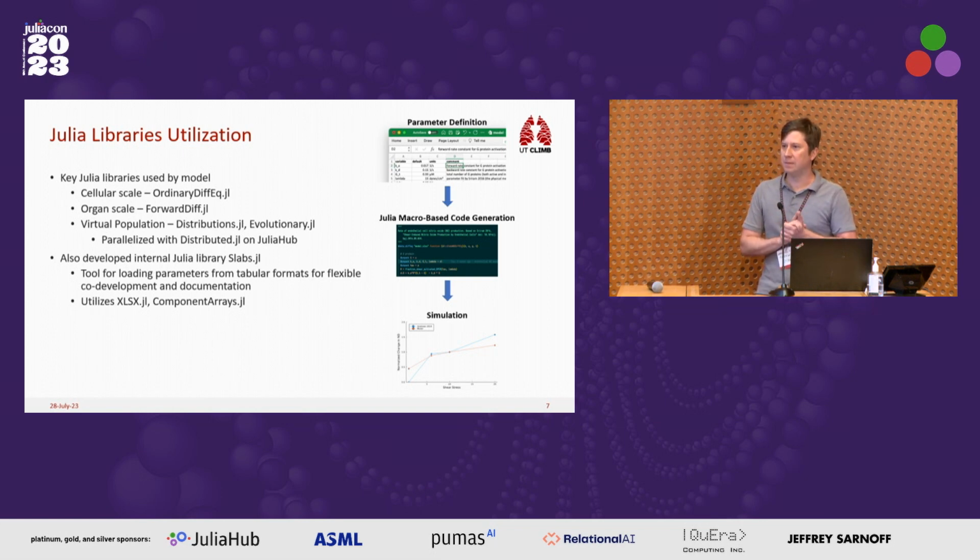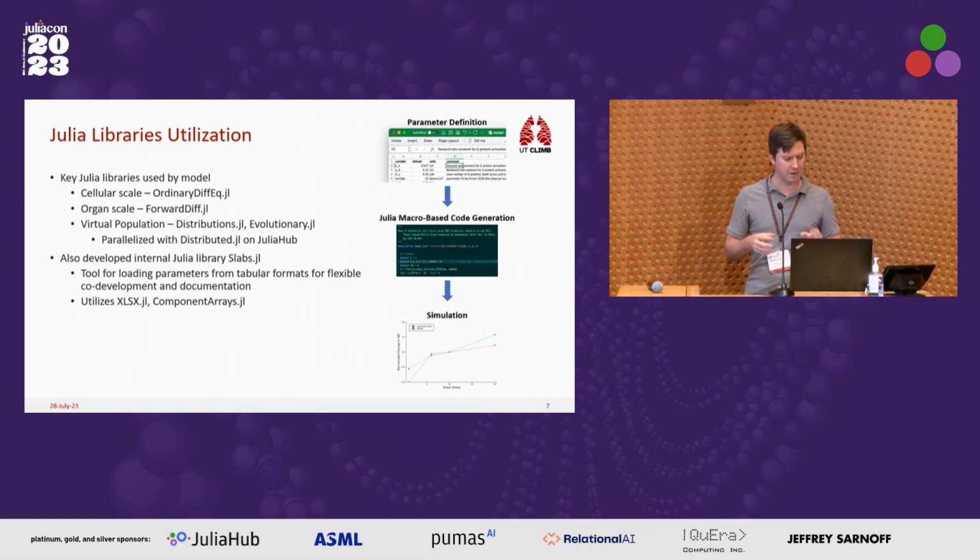And then this is the most expensive computationally part of what we do, but it's also trivial to parallelize, because each of these virtual patients doesn't care about any of the other virtual patients. So we use Distributed.jl and run on JuliaHub to generate these virtual populations.